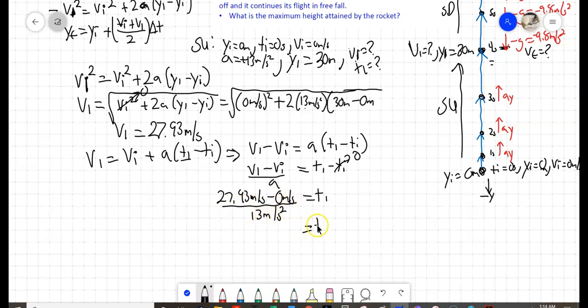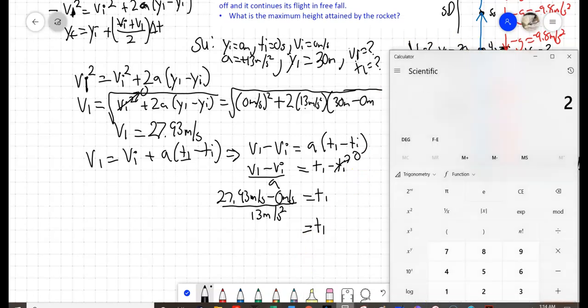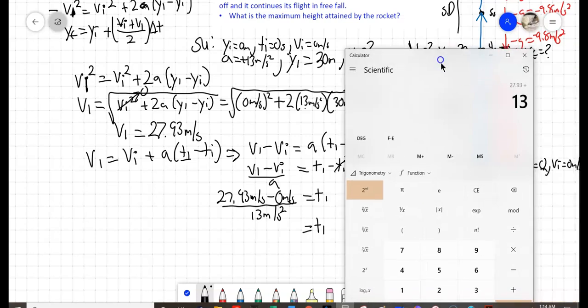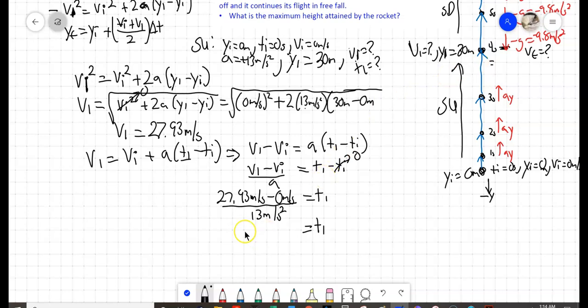And so that t1, the time that all this occurs, is 27.93 divided by 13, which equals 2.14 seconds. So the engine shut off at 2.14 seconds.